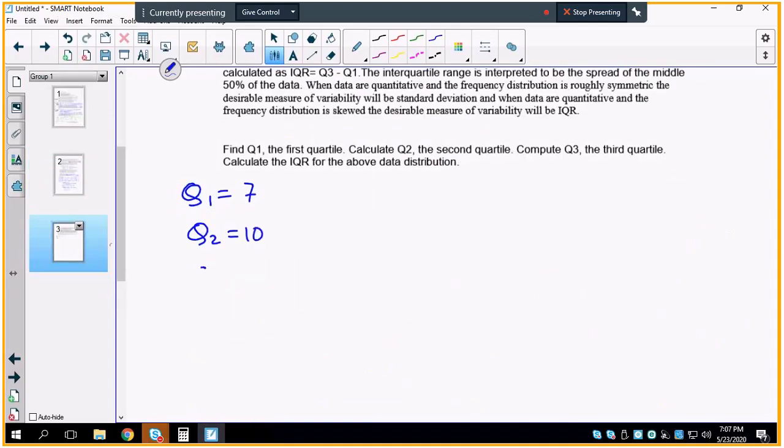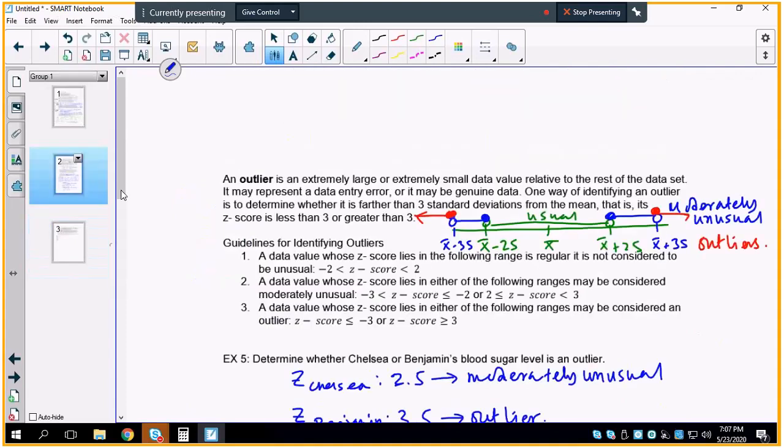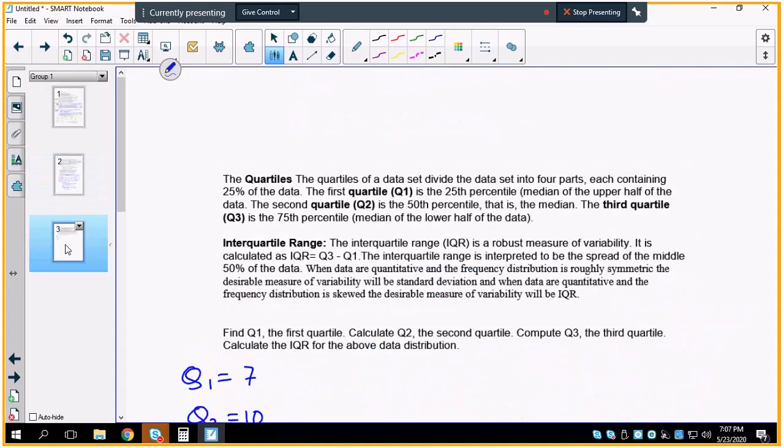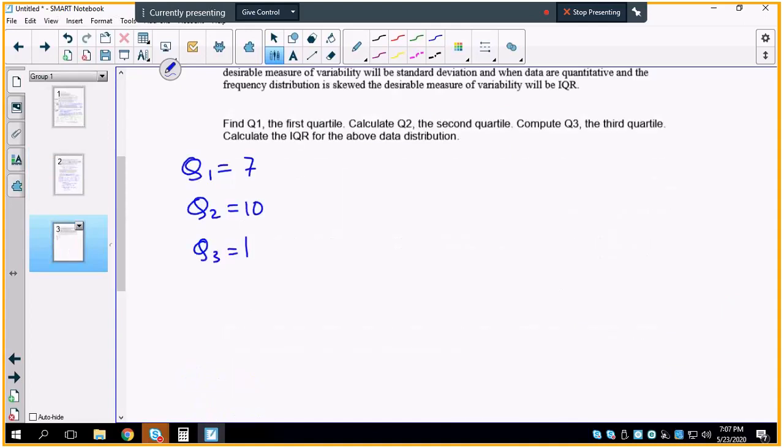Finally, Q3 of the distribution was the 75th percentile. That's the 9th data of the distribution, which was 14. So it's easy for us to find the IQR now. The IQR is the interquartile range, which is Q3 minus Q1, and that's 14 minus 7, which is 7.